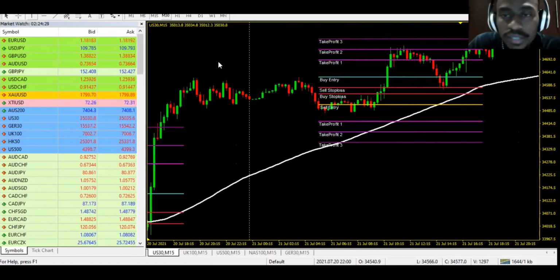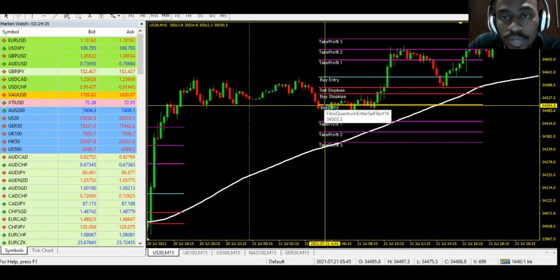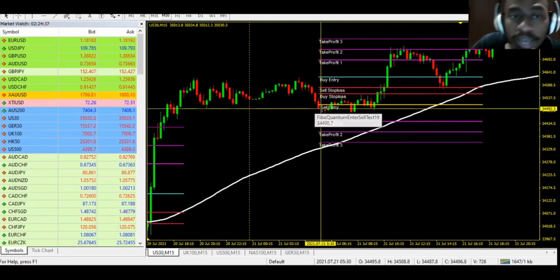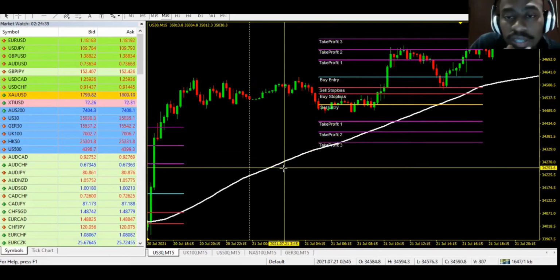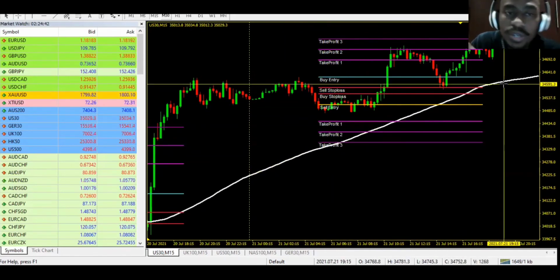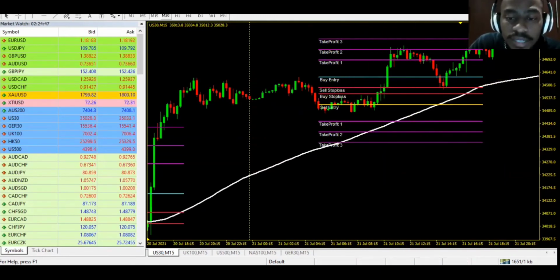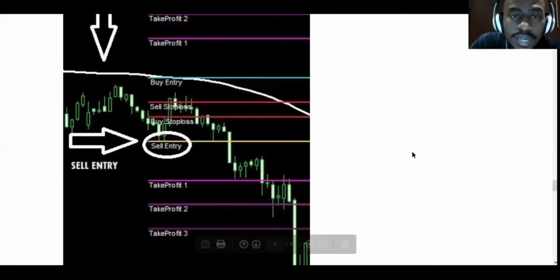Here's a trade that initially didn't perform well, because if you look back at our rules, guys, we said that if the price is above the 100-period moving average, we don't take any sell trades. Let me show you again.